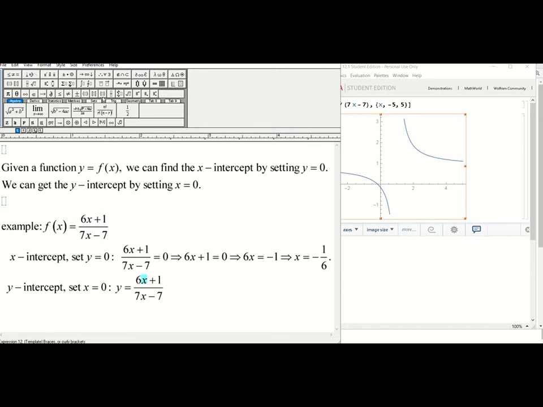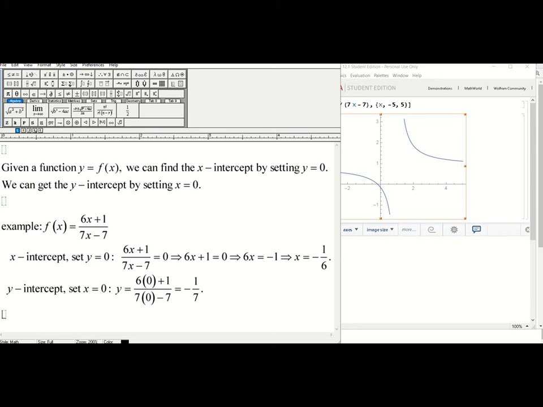So let's replace that with a 0, and again a 0. That's going to be 6 times 0, which is 0, plus 1, over negative 7. So I get negative 1 over 7, which kind of matches my observation. That's negative, so that seems legit here.